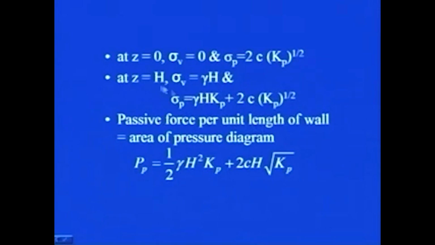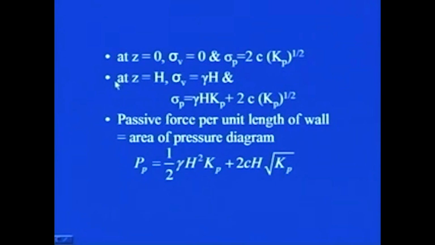If I put it in words, at z equal to 0 your vertical stress is going to be 0, that is sigma v equal to 0, and subsequently your passive pressure will be 2c square root of Kp, where Kp is nothing but your passive earth pressure coefficient.